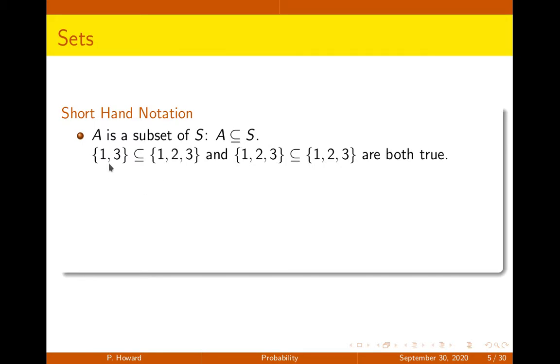So for example, if we wrote the set whose elements are 1 and 3 is a subset of the set whose elements are 1, 2, and 3, that would be true. And similarly, the set whose elements are 1, 2, and 3 is a subset of itself.